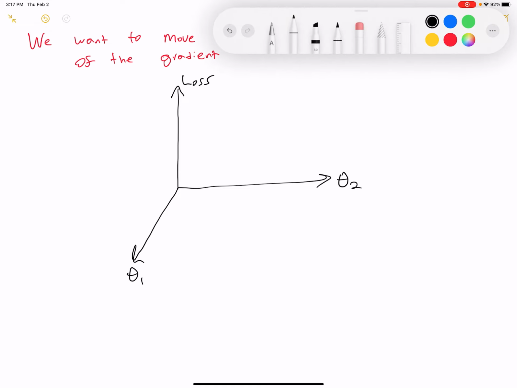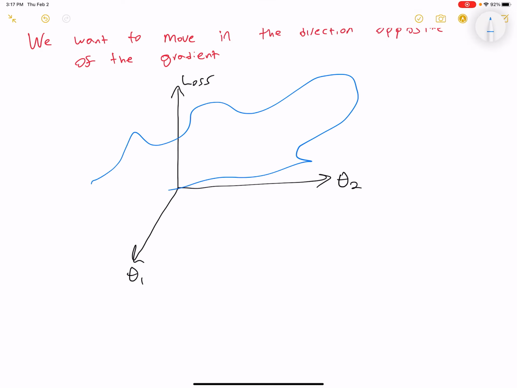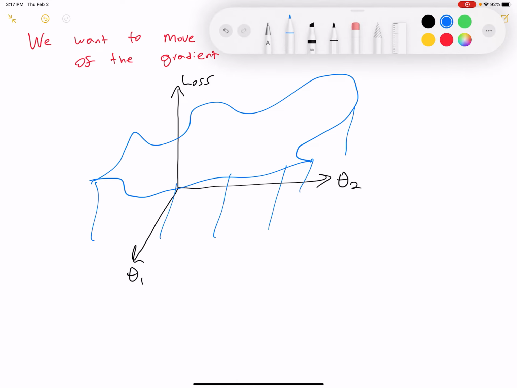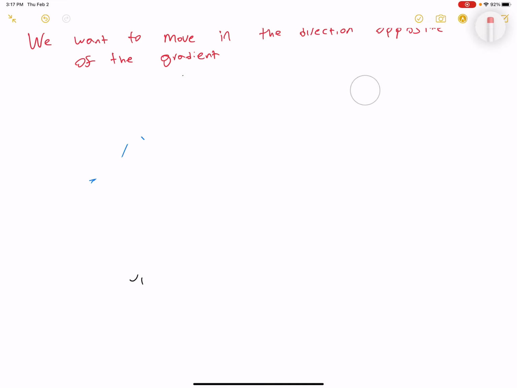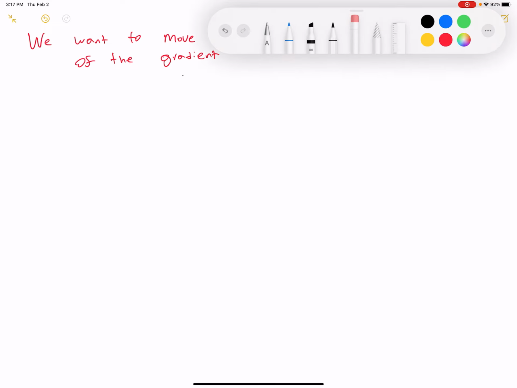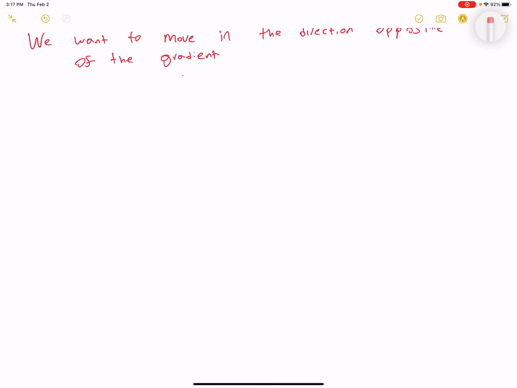This is just an illustration, so don't worry about exactly how I'm drawing it. I want to redraw this in 3D, because it doesn't look too 3D.